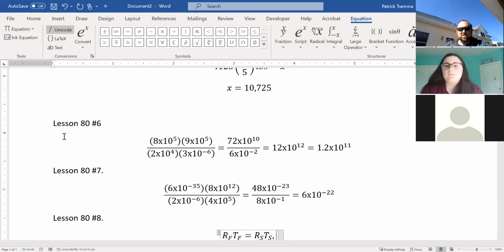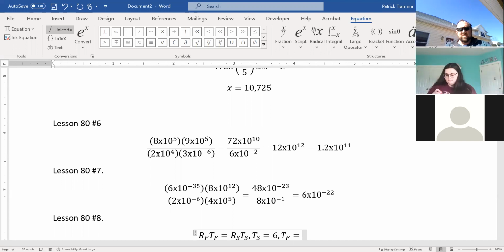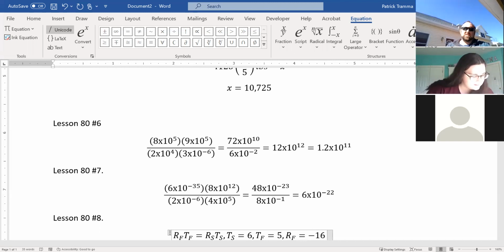T sub S equals 6. What else does it give you? T sub F equals 5, comma, R sub F equals -6, -16.